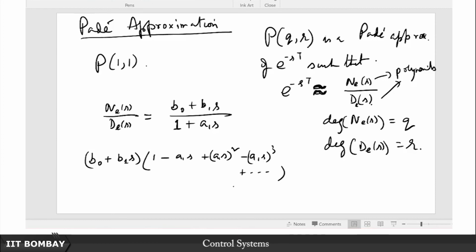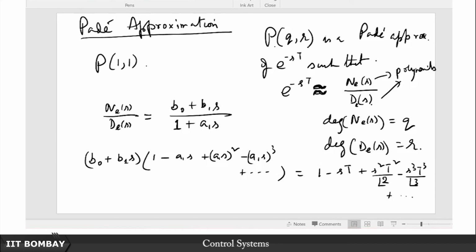And on the other side, notice that the exponential series can be written as 1 minus st plus s squared t squared upon factorial 2 minus s cubed t cubed upon factorial 3, so on and so forth. Now, how many unknowns do you have here? 3. So we are going to equate coefficients on both sides, so we need up to 3 coefficients.